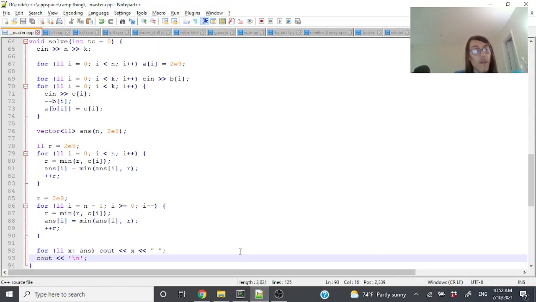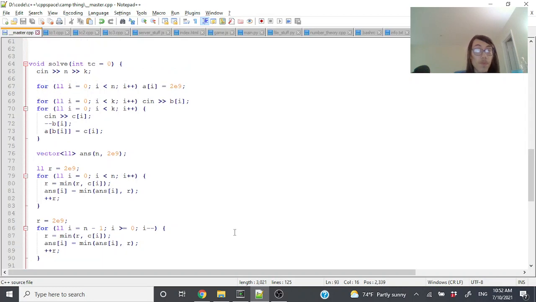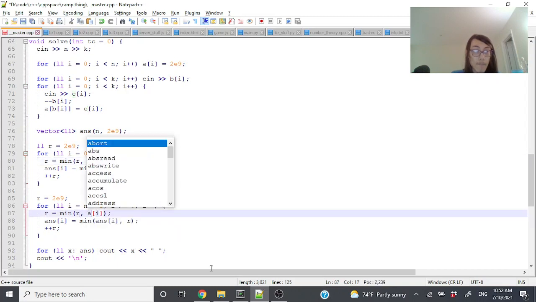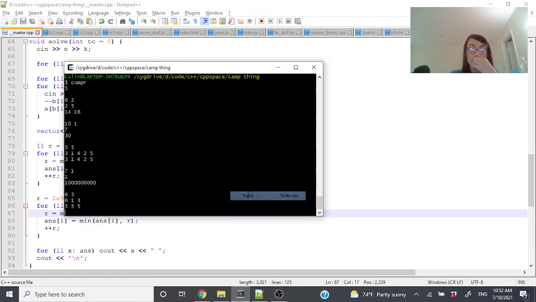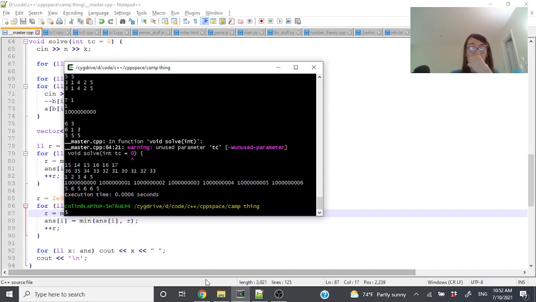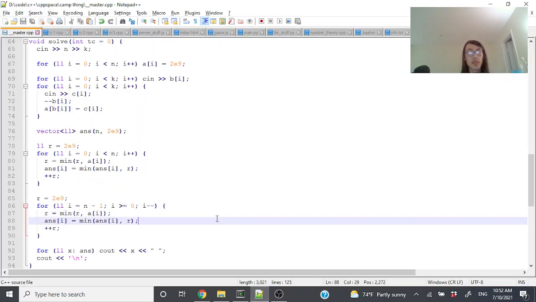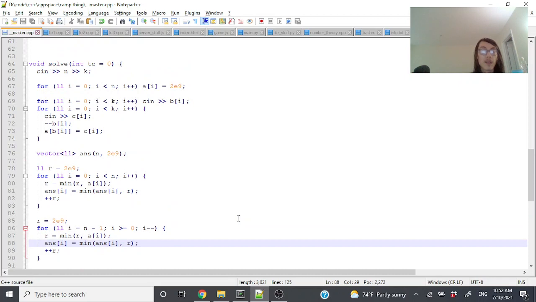How? Oh wait, AI, not CI. Yeah, seems good. Right, so we're going left and we're going right.